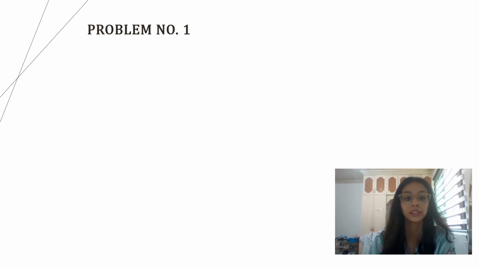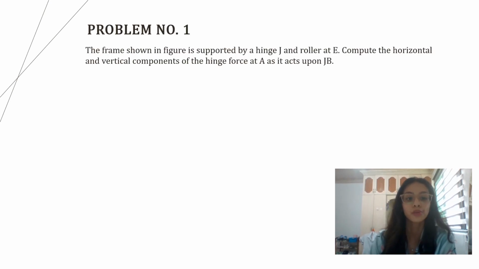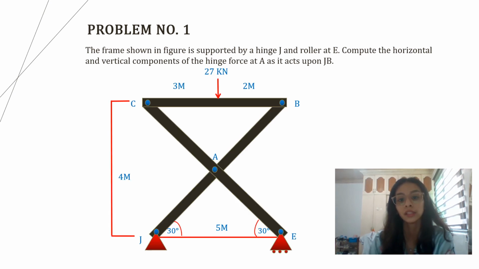So for our problem, we have the frame shown in the figure supported by a hinge J and a roller at E. Compute the horizontal and vertical components of the hinge force at A as it acts upon JB.